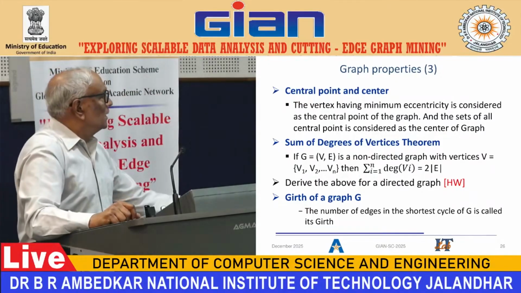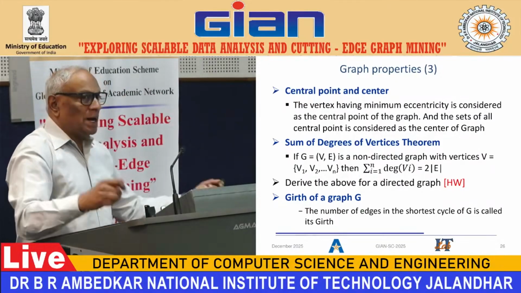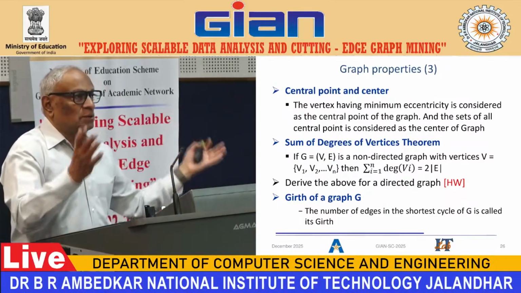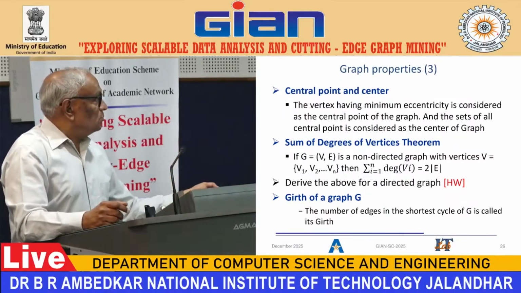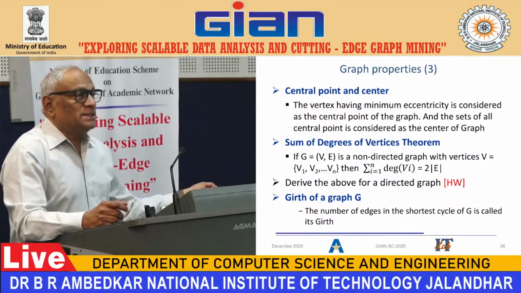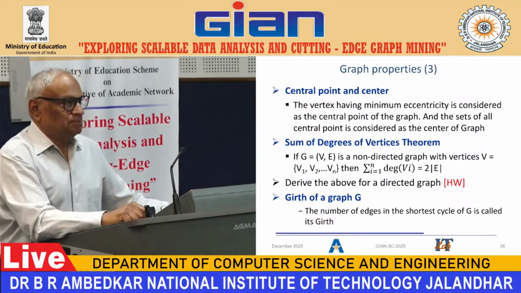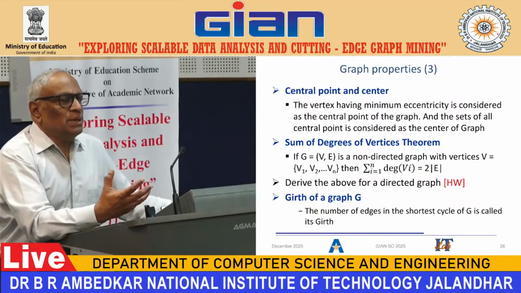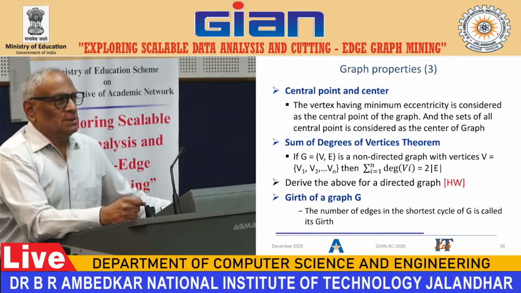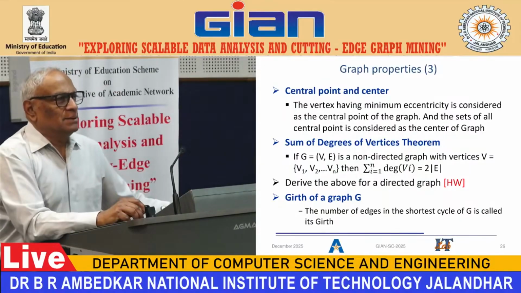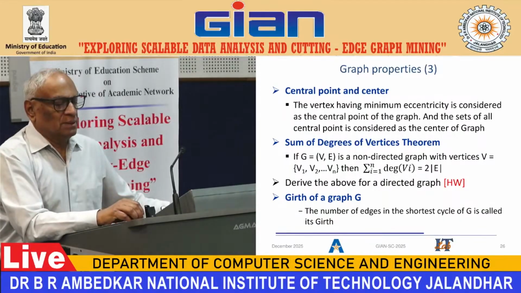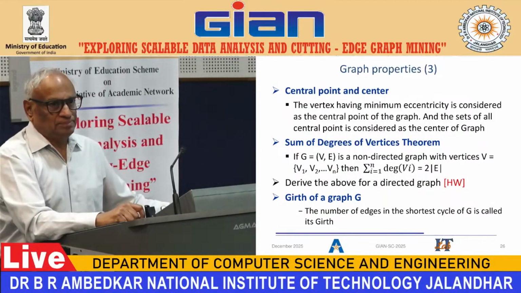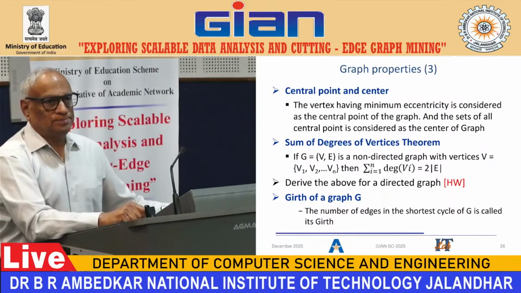But this theorem is correct. If you add up all the degrees of all the nodes, that should be the same as twice the number of edges. Why is that? I mean, this can be understood intuitively. Proof is a different thing. Think about it. If you take an edge, it connects 2 nodes.